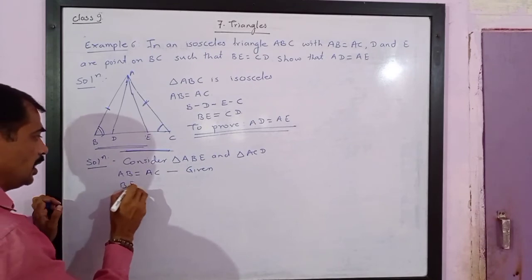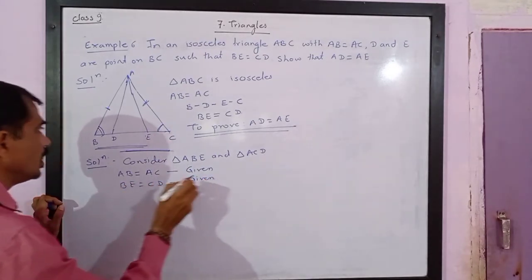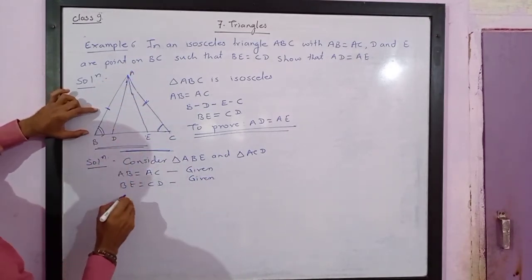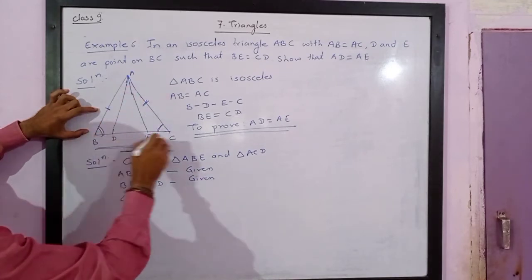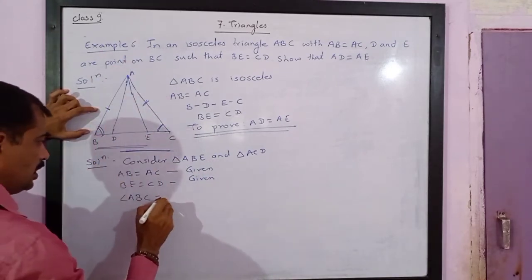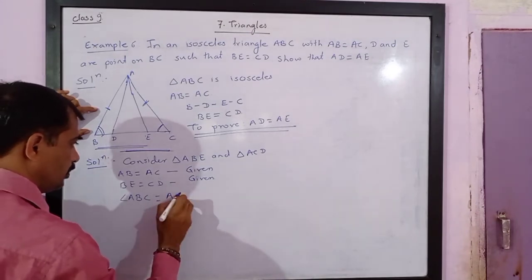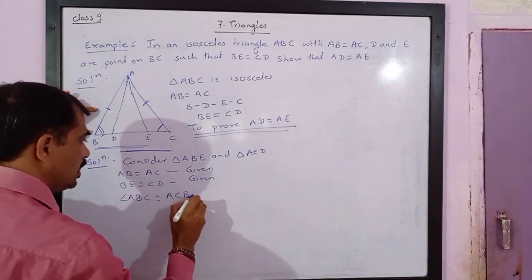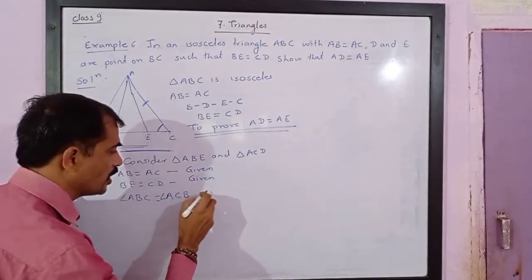This is also given to us. Now angle ABC, first I will take ABC, is equal to angle ACB. Reason is they are the angles of an isosceles triangle.